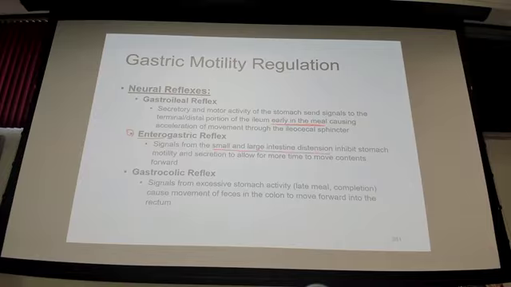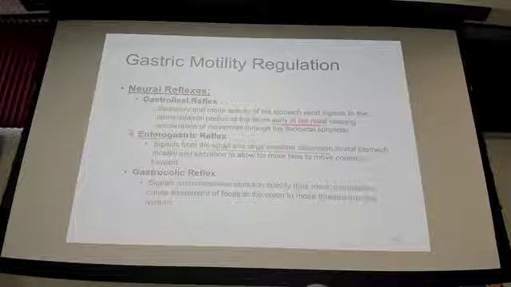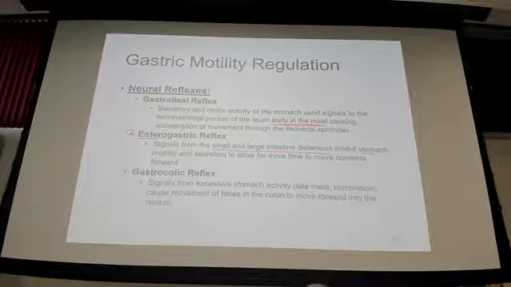Just in general, it means there's stuff in there. Okay? We inhibit stomach motility. We slow down gastric motility because there's already stuff in there, so we need to have time for the gastric contents to move forward. We need time to shuffle everything forward. Does that make sense? Okay?